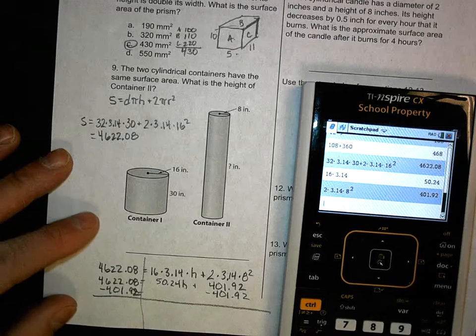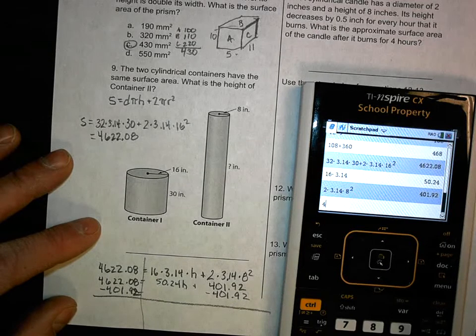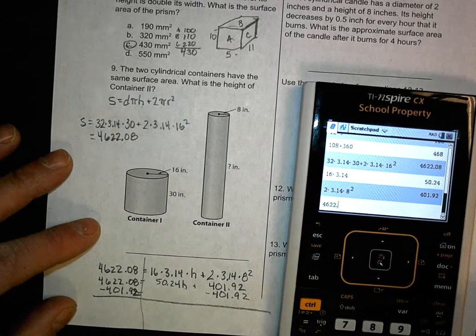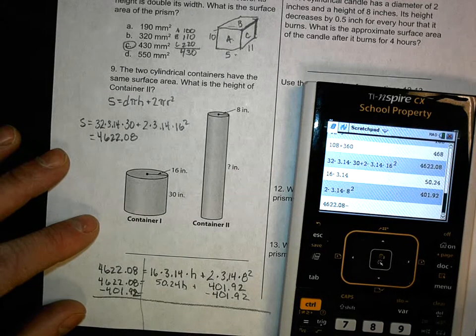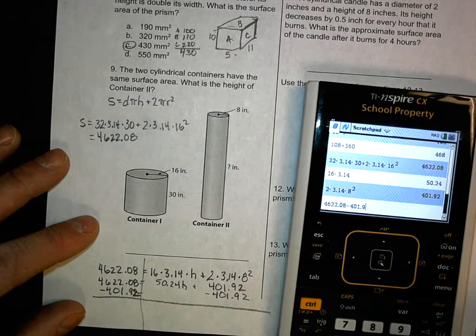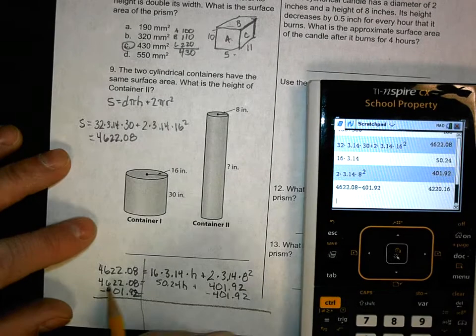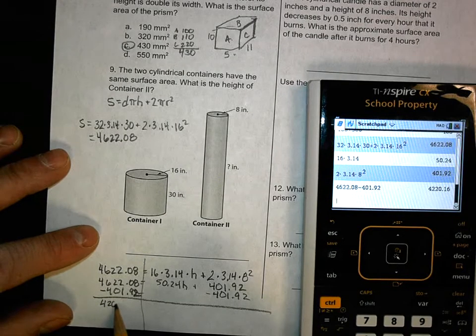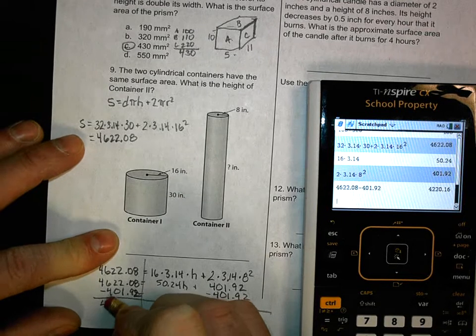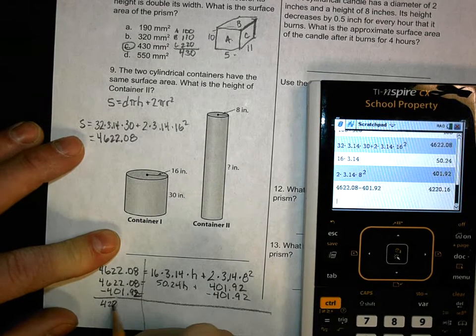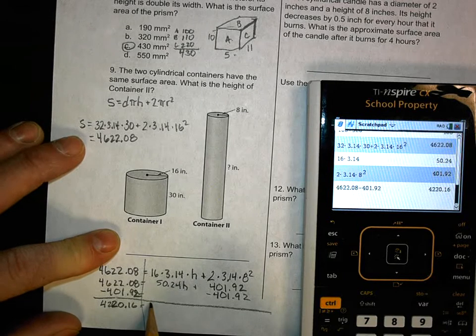So 4,622.08 minus 401.92, and that gives me 4,220.16, and that equals 50.24 times h.